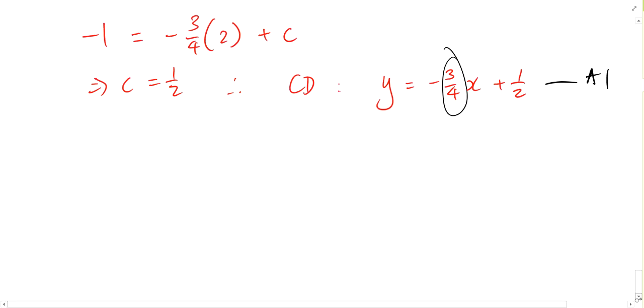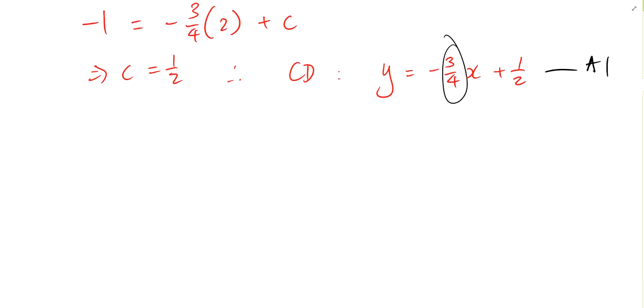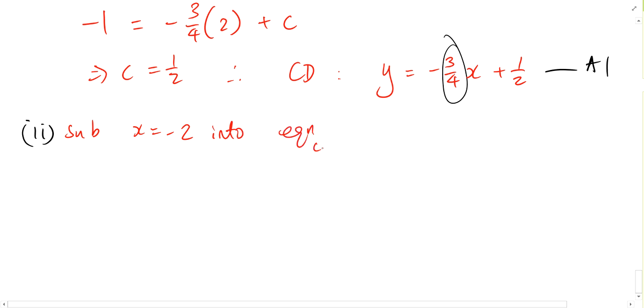Okay, now part 2. Given that M is the midpoint of AB and 2 CM equals to MD, and it also tells that the x coordinate of C is negative 2. Find the coordinates of D. Okay, so first, we sub x equals to negative 2 into our equation of CD, because C definitely lies on CD, isn't it?